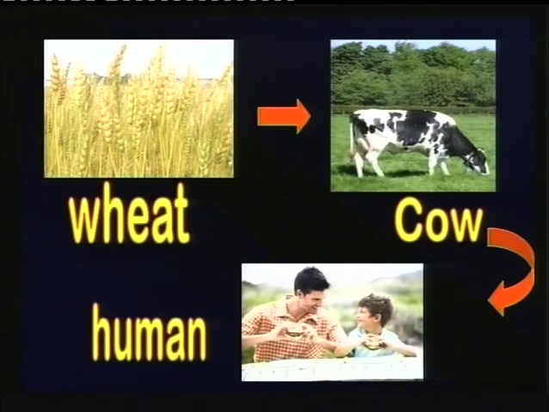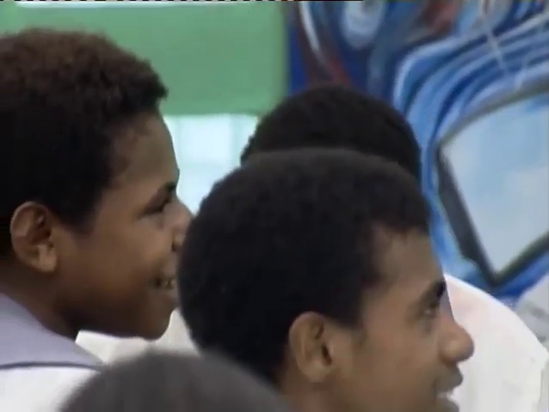Now, while you were looking at the video, it said that there was something passed from that wheat to the cow to the human. And that was the... Yes, good. Sunlight.